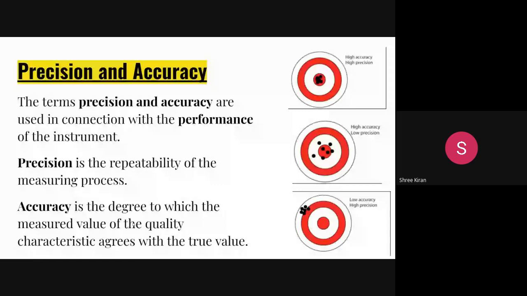Both terms, precision and accuracy, are in connection with the performance of the instrument. It is always regarding the performance of the requirement.